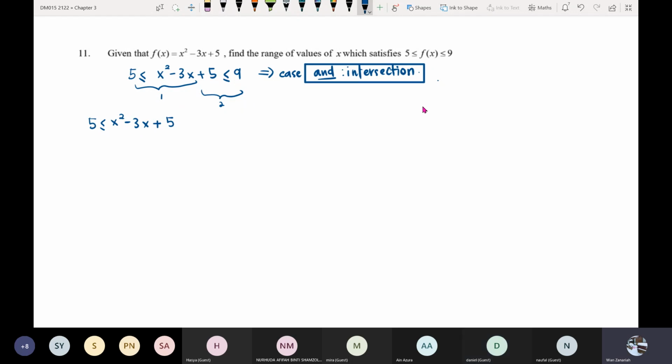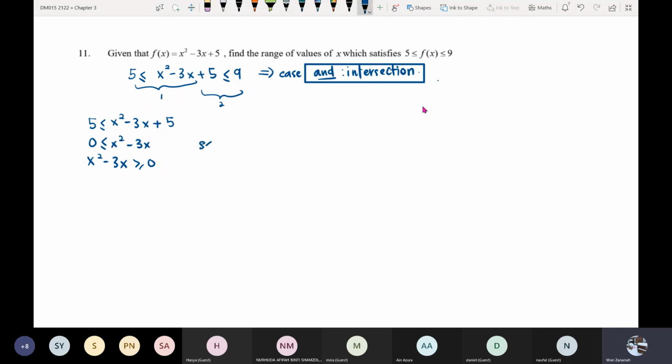So x square minus 3x plus 5, and then 0 is less than x square minus 3x plus 5 minus 5. Semut lebih kecil dari gajah. So kalau I nak buat gajah dulu, x square minus 3x adalah lebih besar dari semut. Kanan tukar kiri, kiri tukar kanan. So simbol tu kena bertukar lah.